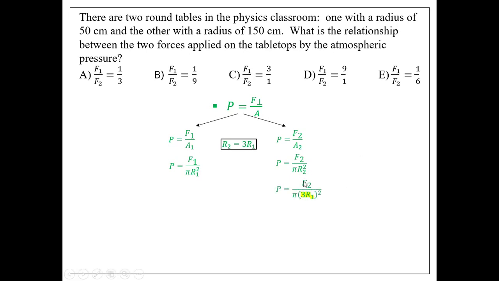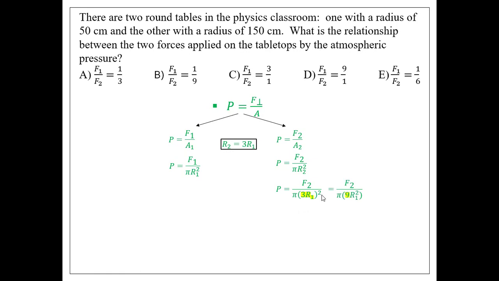So therefore, for the second cross-sectional area here, the numerator is just F2. I brought that down. Pi is brought down. However, wherever R2 is, I made a statement here. I said R2 is 3 times R1. So in parentheses, I replace R2 with 3 times R1, but I kept the square on the outside, right? Because the whole term is being squared.